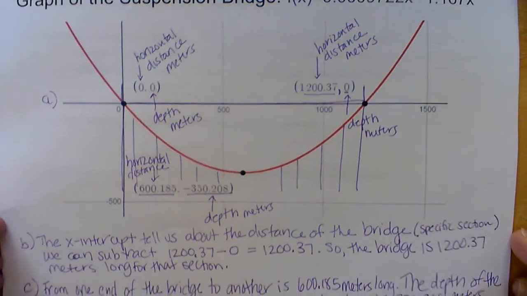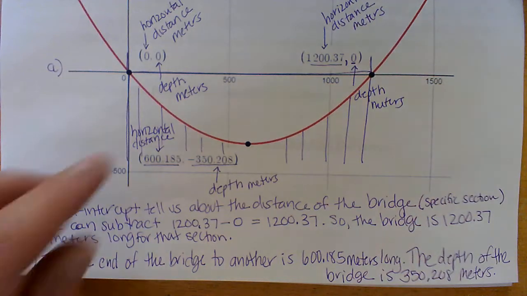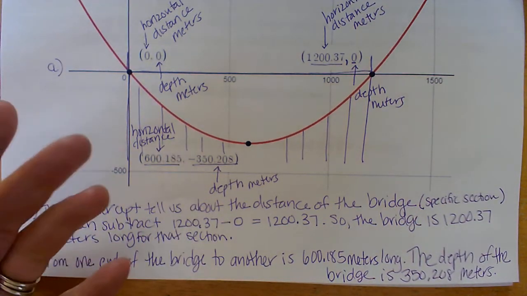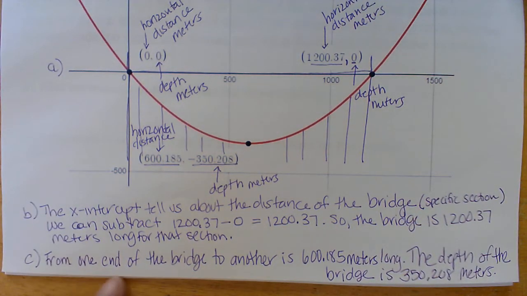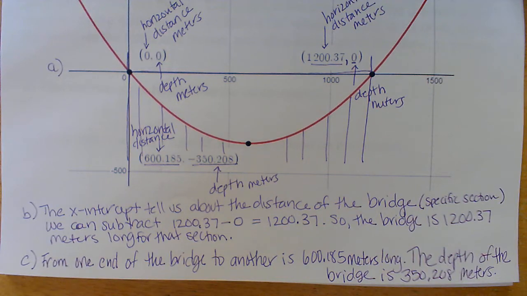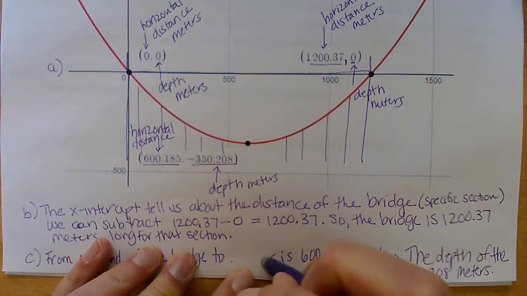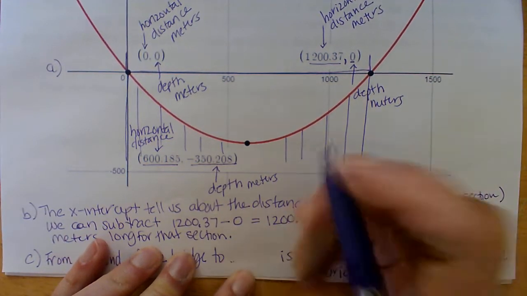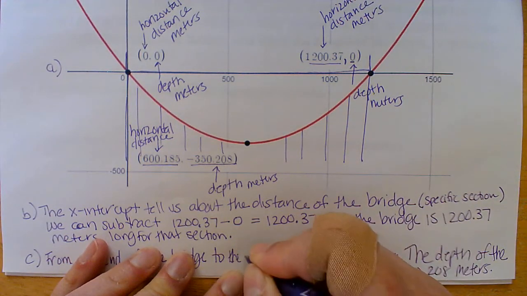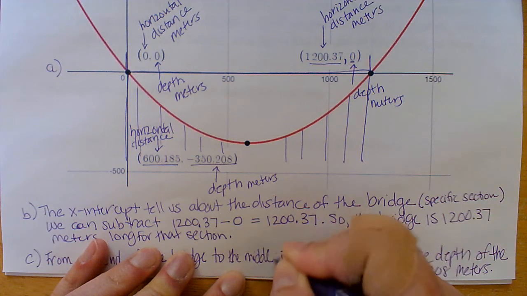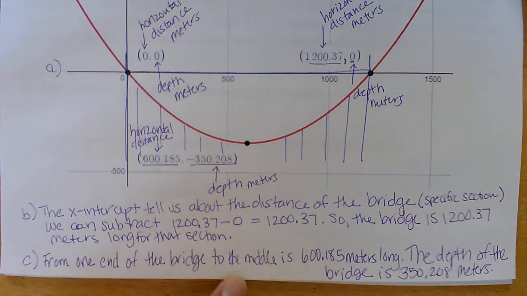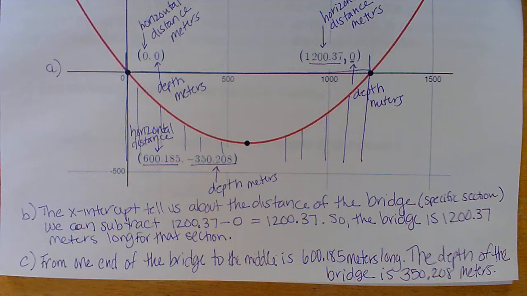So let's just write that out in a complete sentence. And again, if I was giving this to you, you would first write the point down, and then you would say from one end of the bridge to the middle is 600.185 meters long.